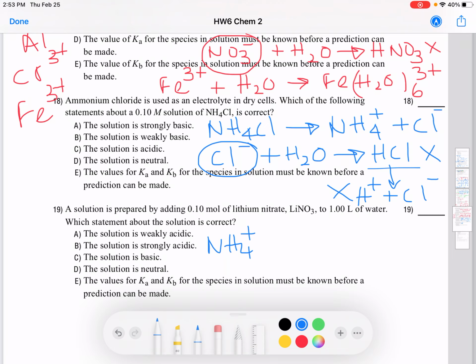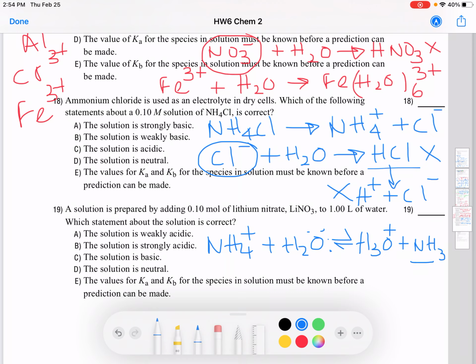So we keep it aside and then you take your ammonium ion. Now the ammonium ion is the cation of a weak base, ammonia. So this can react with water, right? So then what's going to happen? Since it is the conjugate acid of the weak base ammonia, water is going to react as a base here. So water is going to take a proton from the ammonium cation and become hydronium ion and ammonia, NH3.